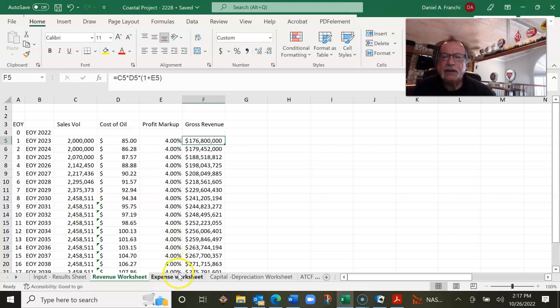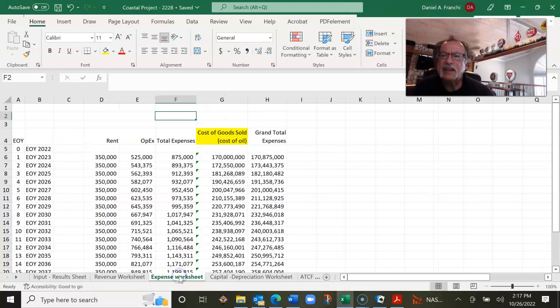And then we have various categories of expenses. And the expenses primarily are going to be the rent, the wharf rent. If you remember, it was $350,000 a year. Operating expenses, beginning at $525,000 a year. And the cost of goods sold.